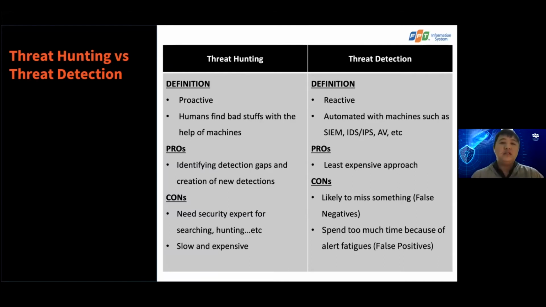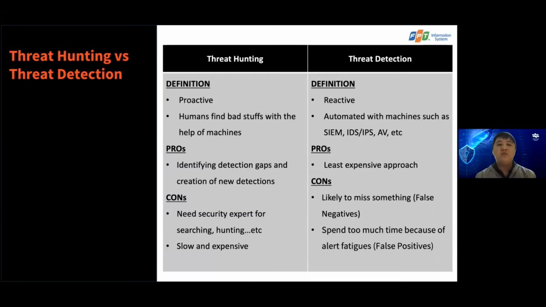In contrast is threat hunting. Threat hunting is human driven, where humans proactively try to find the bad stuff happening in our organizations. You can see that threat hunting can help us identify the detection gap when we try to do threat detection, and may help us create new detection content.